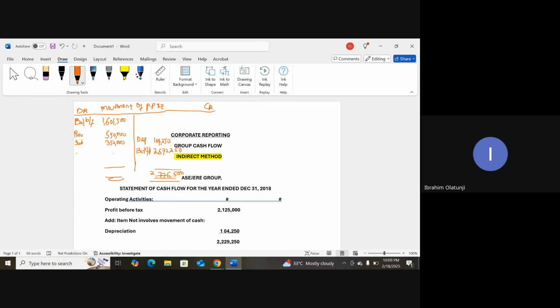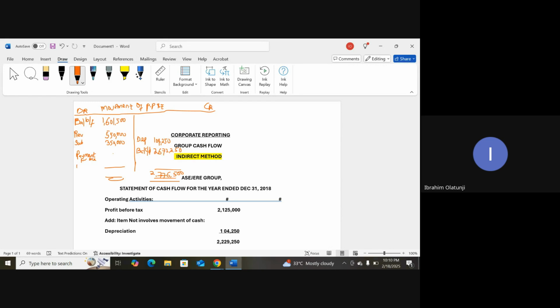What do you have as balance? So the balance will now be payment for the acquisition of tangible assets.